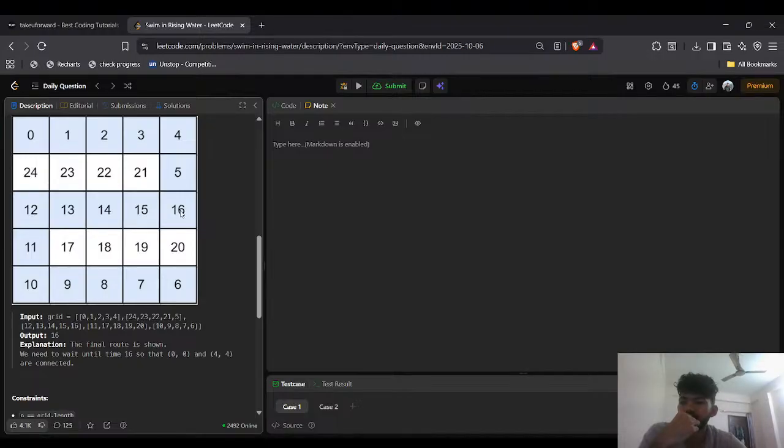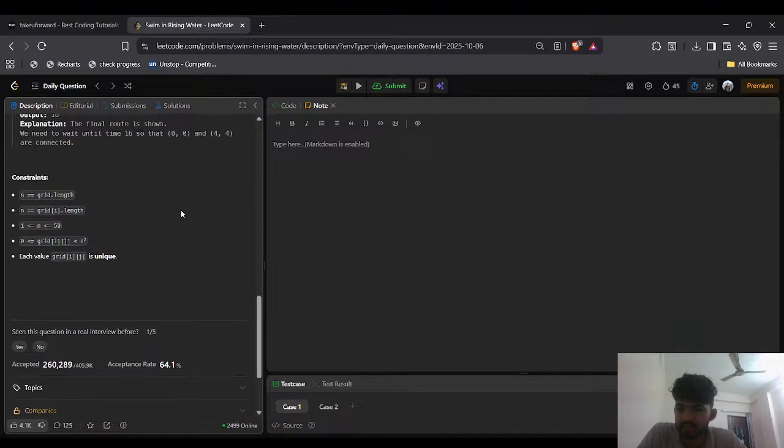So our answer will be 16. So we need to wait here. Our distance will be the cell node value. Great. So of course we can use BFS or Dijkstra.